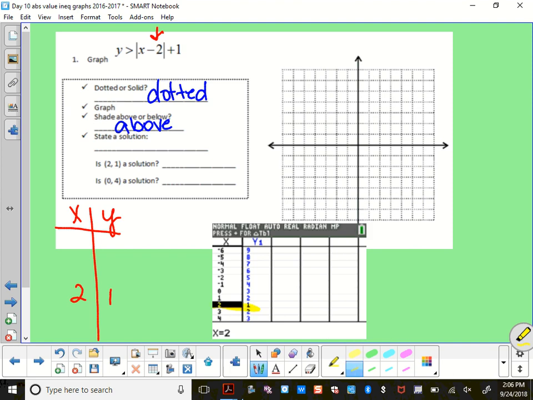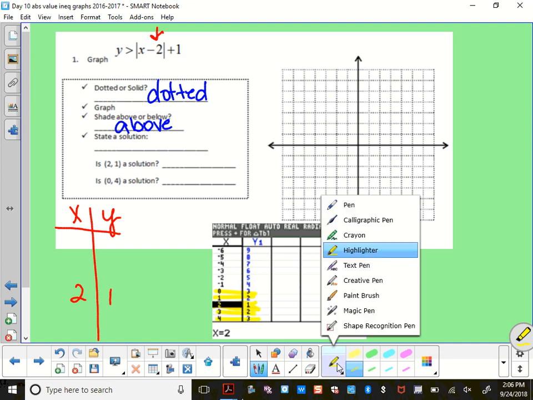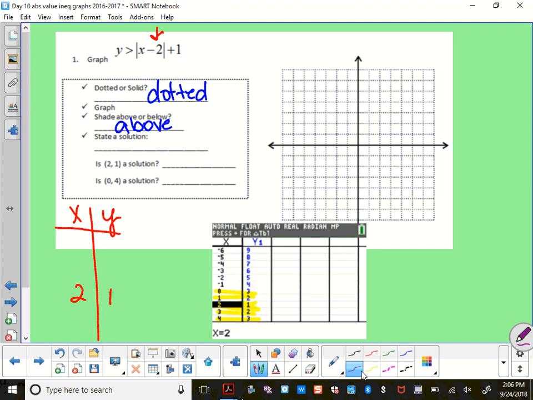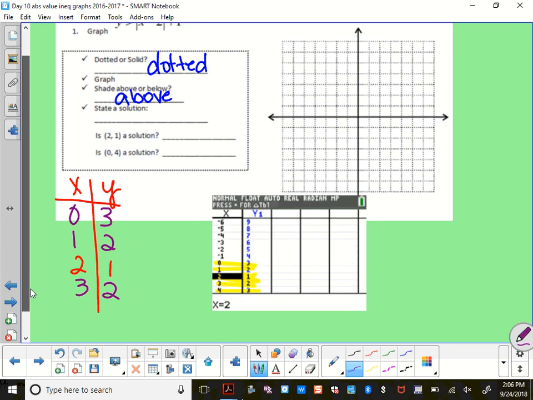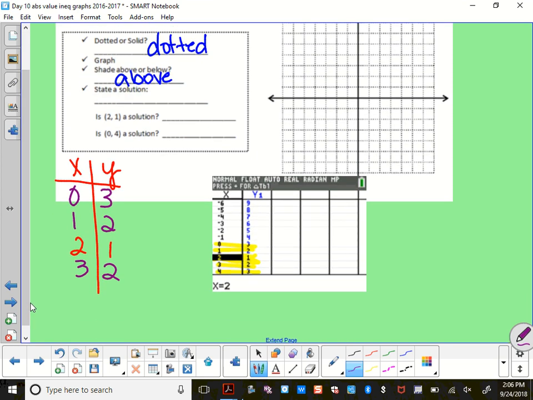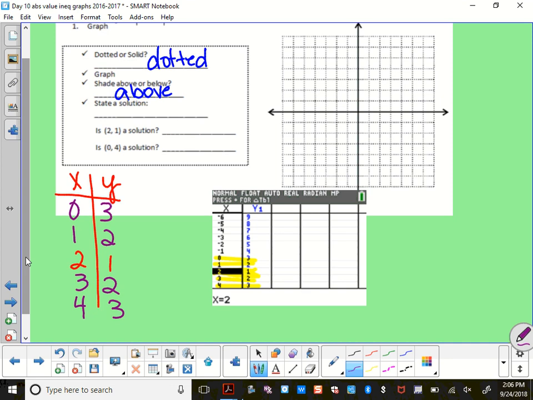So, I'm starting at 2, 1. I'm going to pick 2 above it, and then 2 below. So, I have 0, 3. 1, 2. 2, 1. 3, 2. And 4, 3. Those are my points for this inequality.